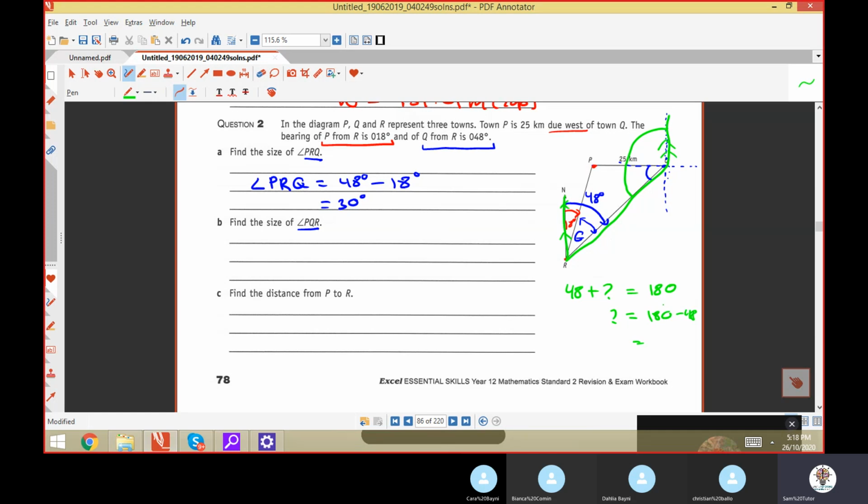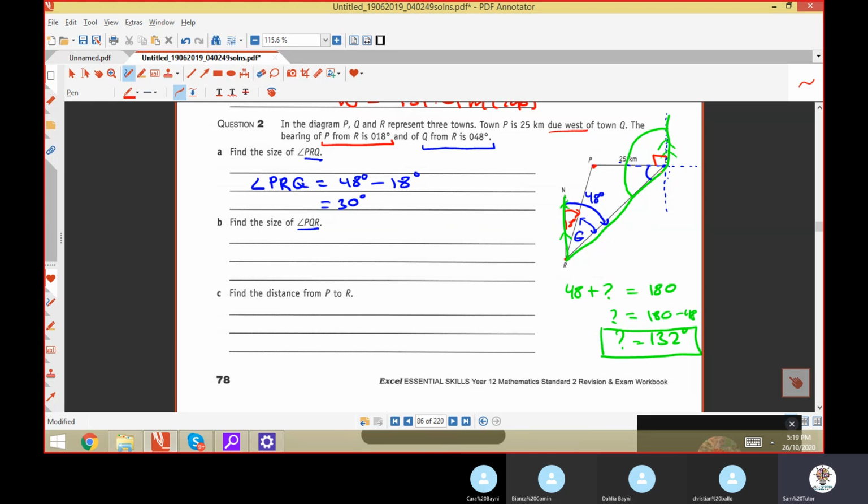It's not over yet. So you can see that the green angle here is 132 degrees, which encompasses this whole value, but we only want the blue angle, which is in here. But you go back to quadrants and you realize that quadrants in a bearing, we know that's 90 degrees.